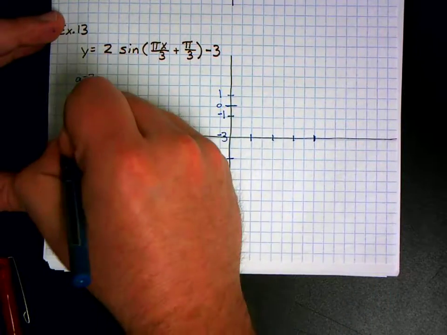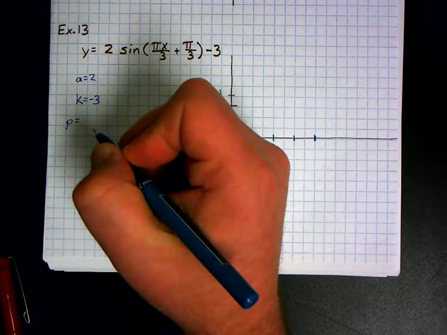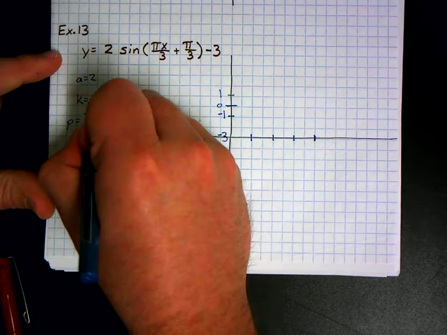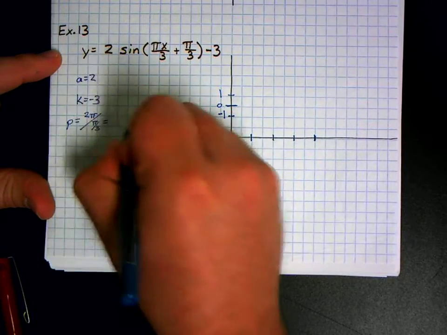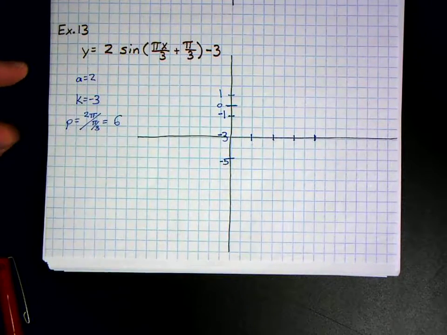Okay, period is 2 pi divided by pi over 3. So that's going to be 6.